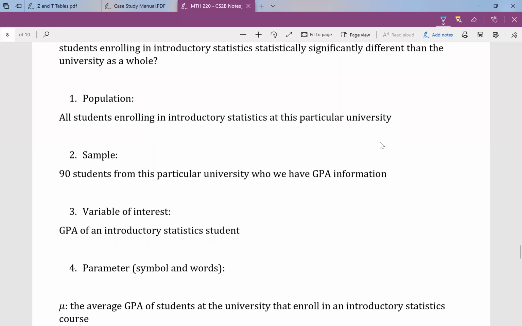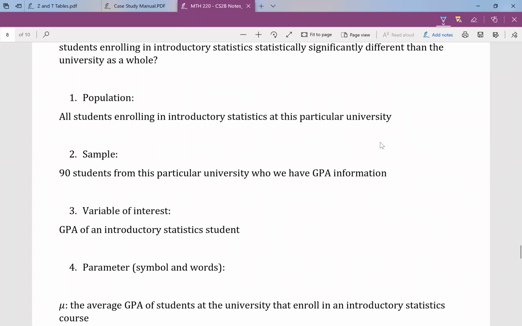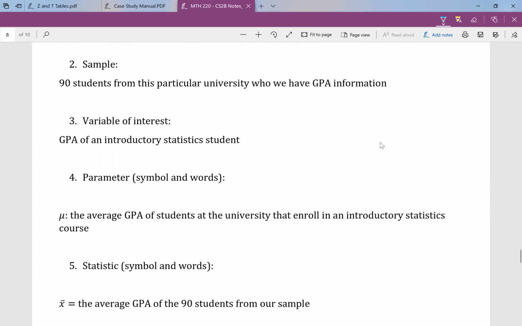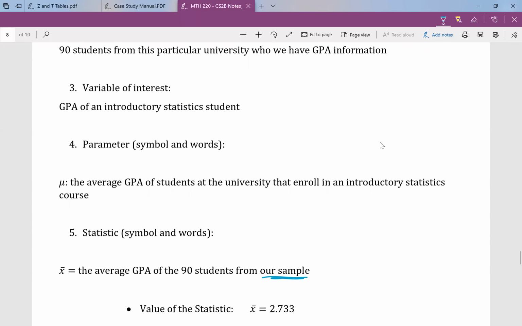The average GPA of students at the university that enroll in introductory statistics course. Now we have our statistic. What's the symbol for our statistic? Yes, that's going to be X bar. X bar is the average GPA of the 90 students from our sample. I went for simplicity here and just wrote the words our sample. And what's the value of X bar going to be? 2.733. This is given within the problem.